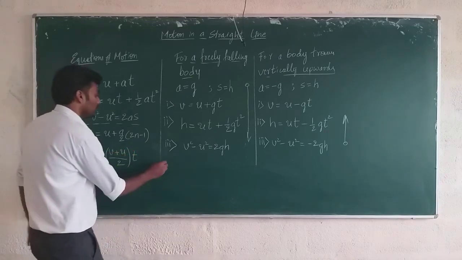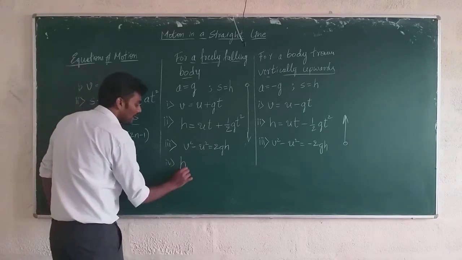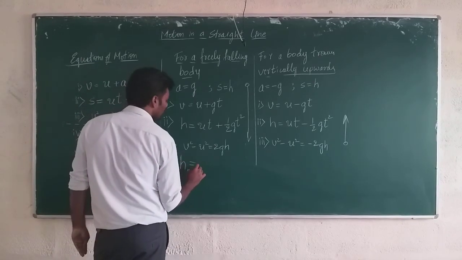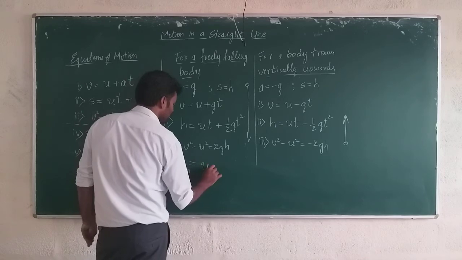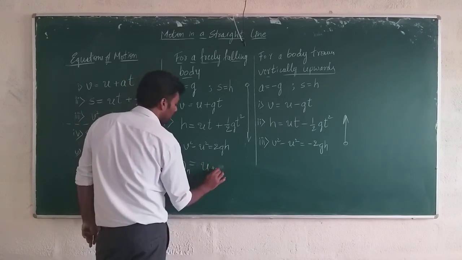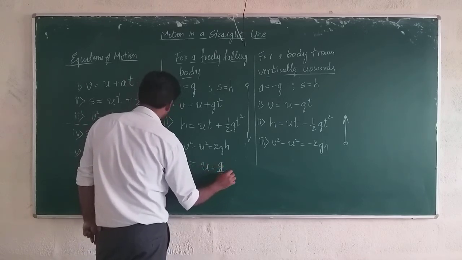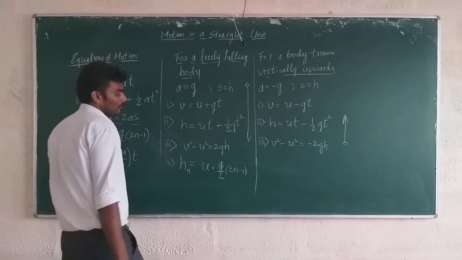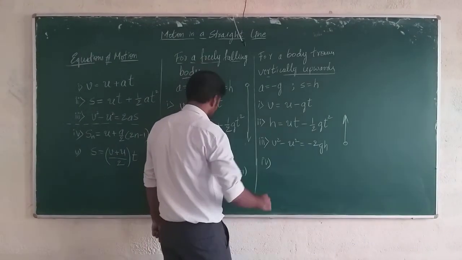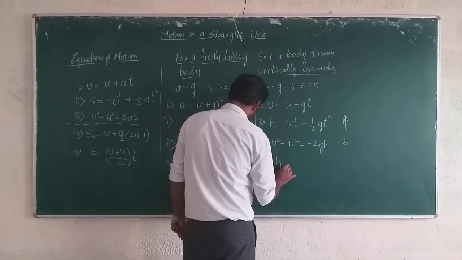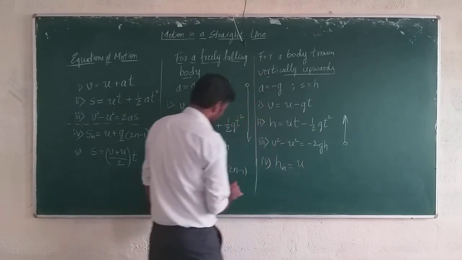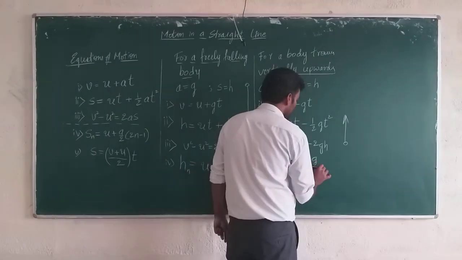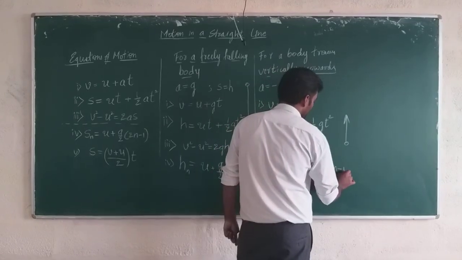So the fourth one, hn, height fallen by the body in nth second, is equal to u plus, instead of a it is g by 2 into 2n minus 1. Next, similarly hn is equal to u, see here it is plus g by 2, here it will be minus g by 2, into 2n minus 1.